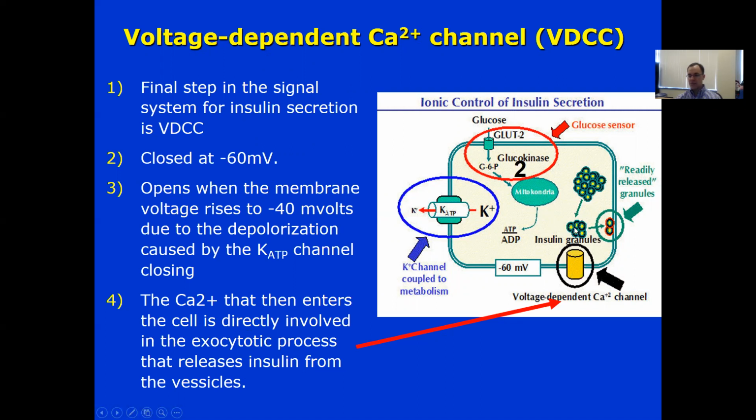And then that calcium is used to help move along the insulin inside these storage vesicles from the inside of the beta cell to the cell membrane where they are released.